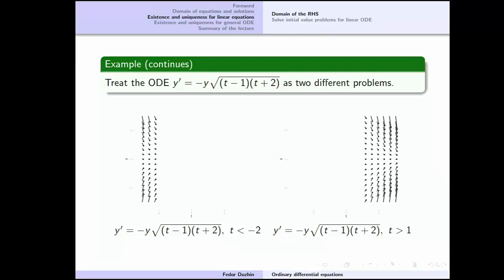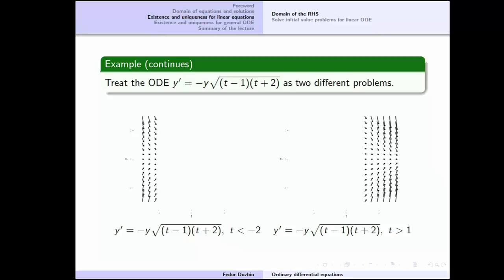In a way, you can treat this single differential equation as just two completely different problems. So in one case, t is less than negative 2, and in the other case, t is bigger than 1. So that's the reason you can do it is because it is a linear equation. So that's why the two parts of the domain are completely separated.